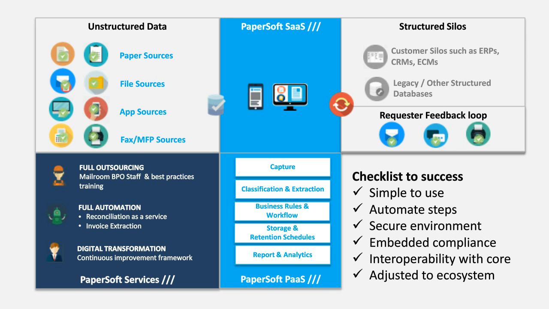You need to have interoperability with the core so that you can fully automate the process without having fallout handling by your team. And you need to adjust this to an ecosystem, because that's the full target goal of digital transformation initiatives, is to build an ecosystem that you can leverage with multiple initiatives, and you can control the speed of the changes that you have.